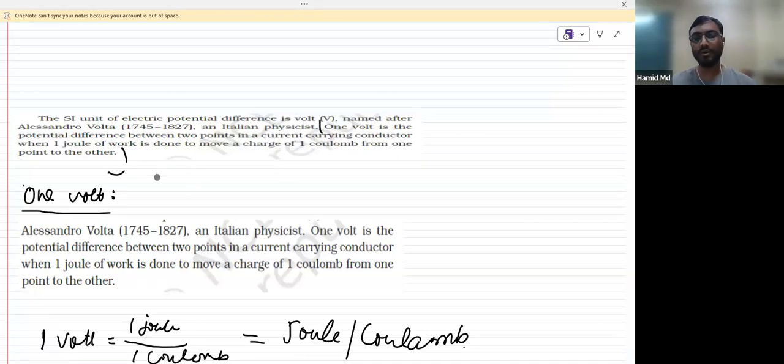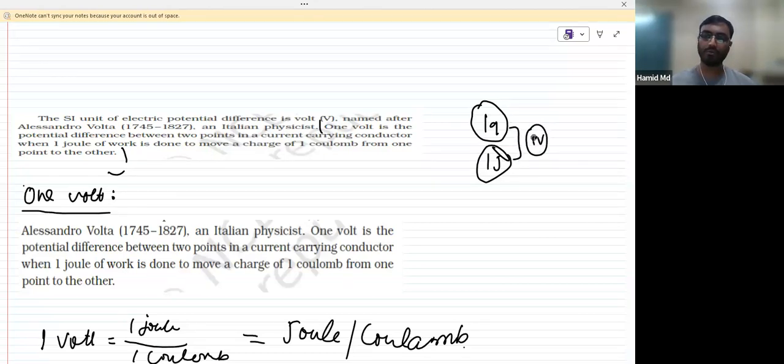What is 1 volt? If you have a unit charge, meaning 1 coulomb of charge, and you do 1 joule of work, then to do this work you need at least 1 volt, or unit potential difference. So you may write it down.